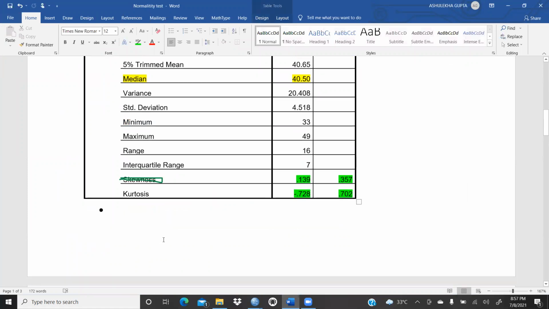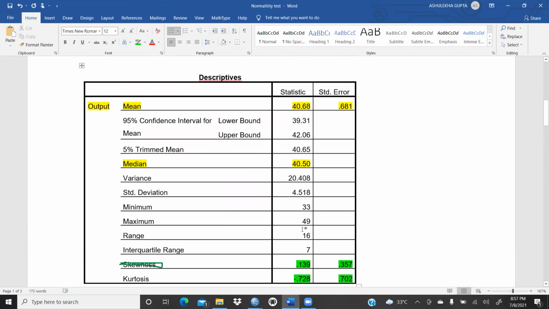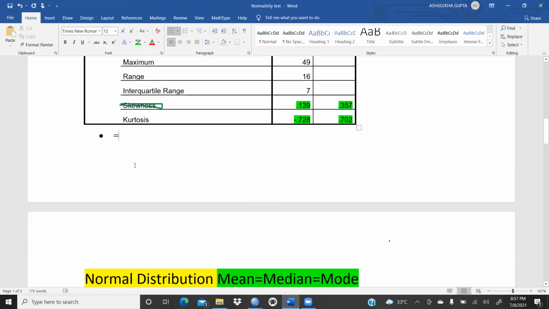Now you can see here, for the Z score, we will divide this statistic value by the standard error. Then we will get the Z score.